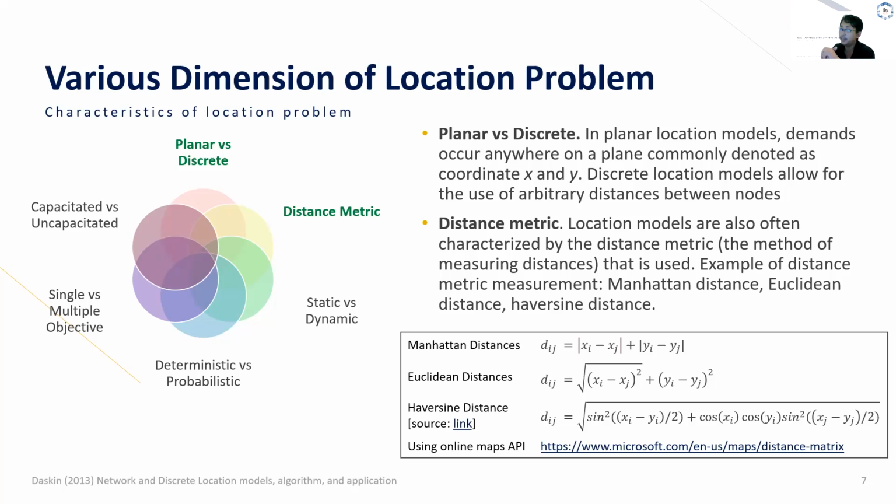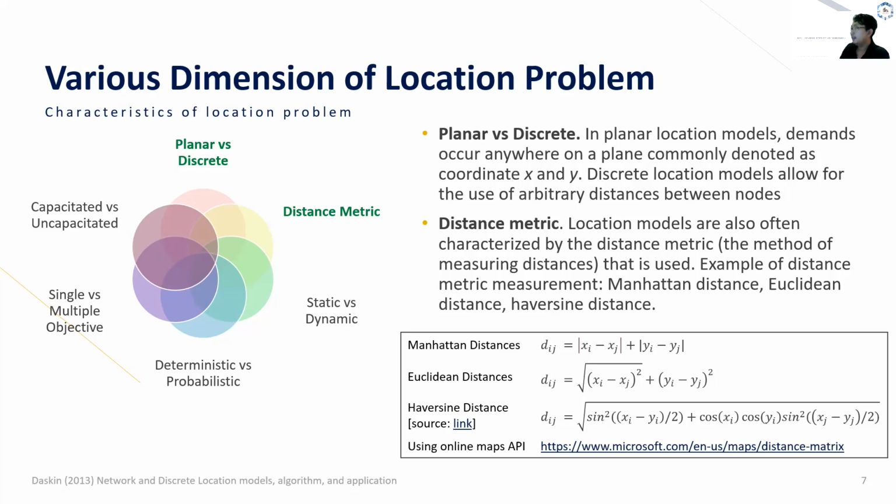So you use Haversine distance. Or you can also use online map services like Bing Maps from Microsoft or Google Maps by Google to provide you with this data.